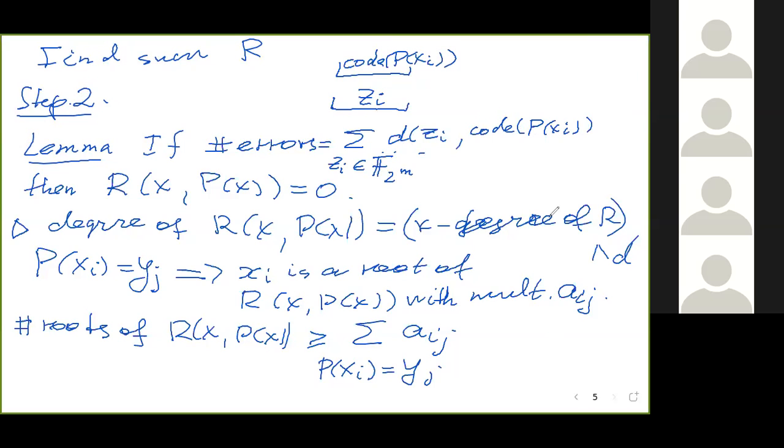Now, assume that p(xi) is equal to yj, then this is our Bij.